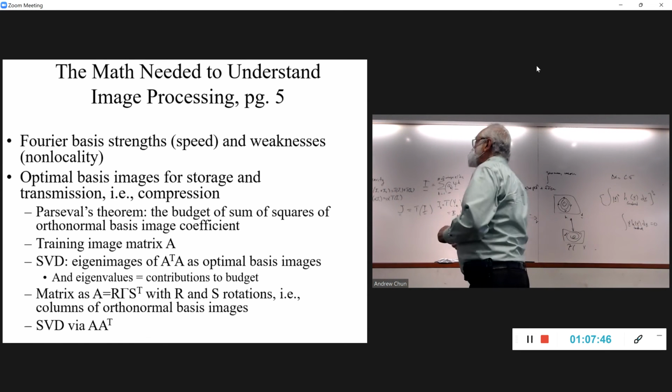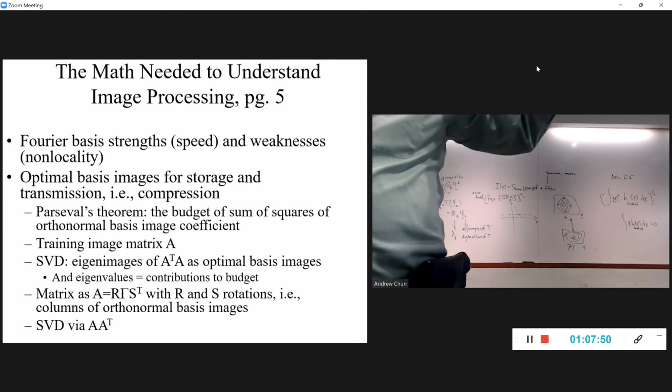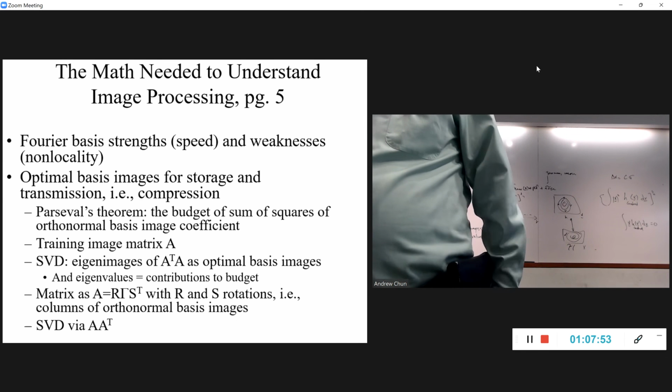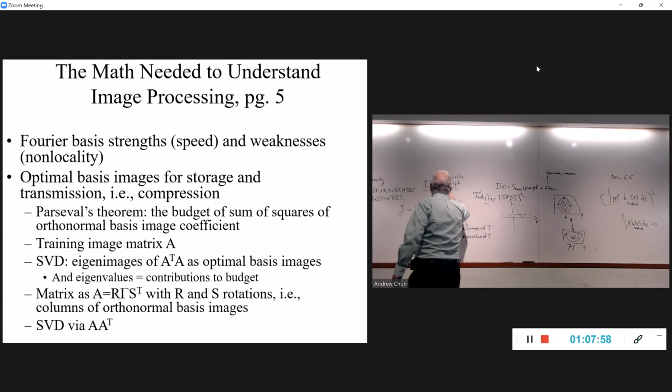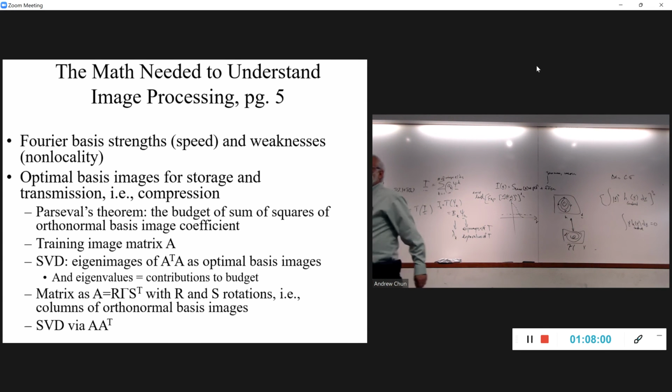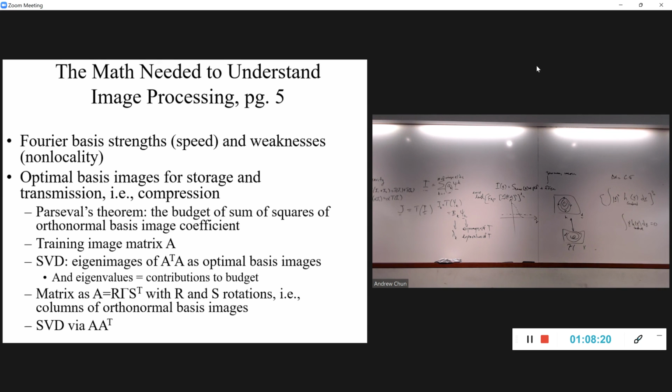But the non-locality of the Fourier, the fact that every single one of its coefficients depends on every single pixel in the image, means it can't represent the local properties that you need if you're going to talk about an object, where the object is and how it responds to the place that the object is. And so that's a serious weakness.